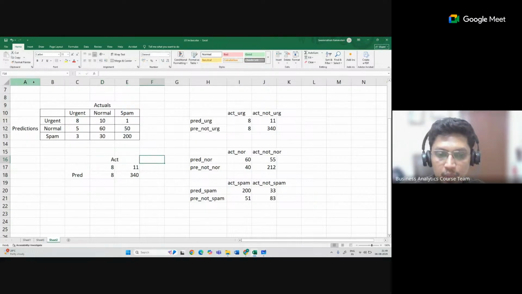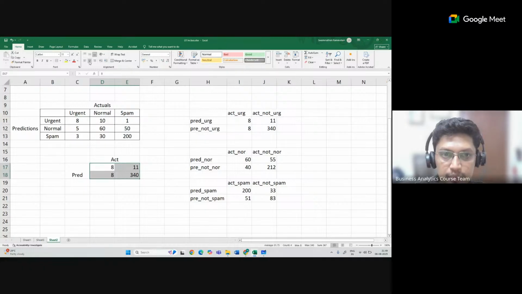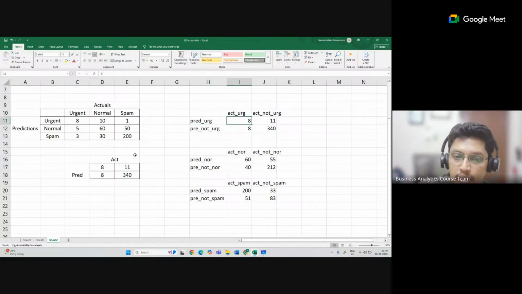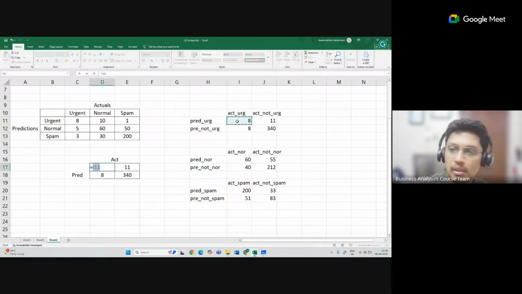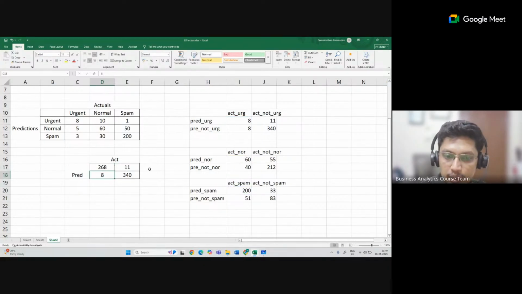I want you to calculate the precision and recall of the entire model, not just an individual class. So what will this be? Add everything, 1 plus this plus this. Similarly, copy paste.